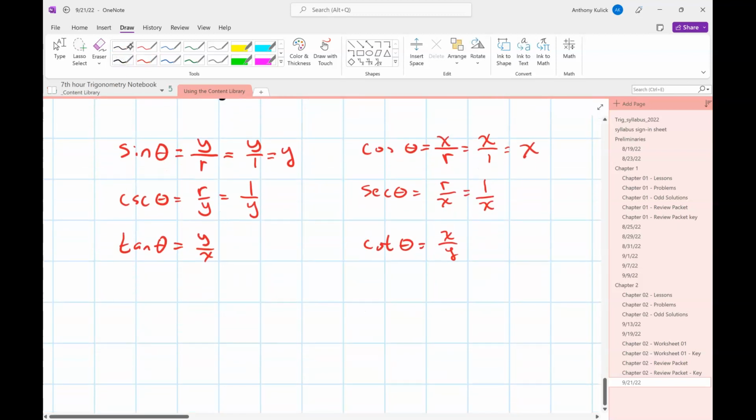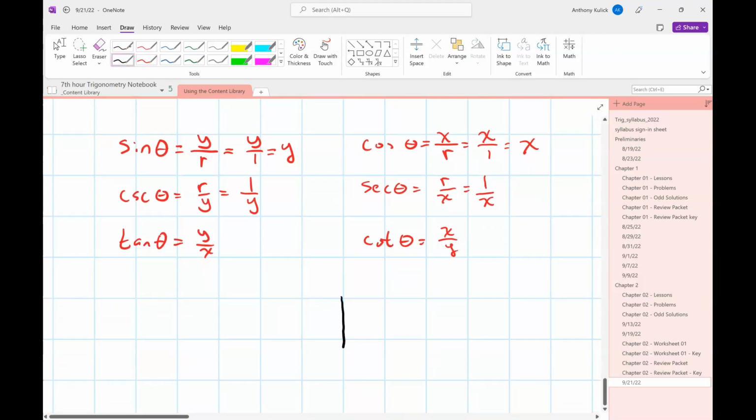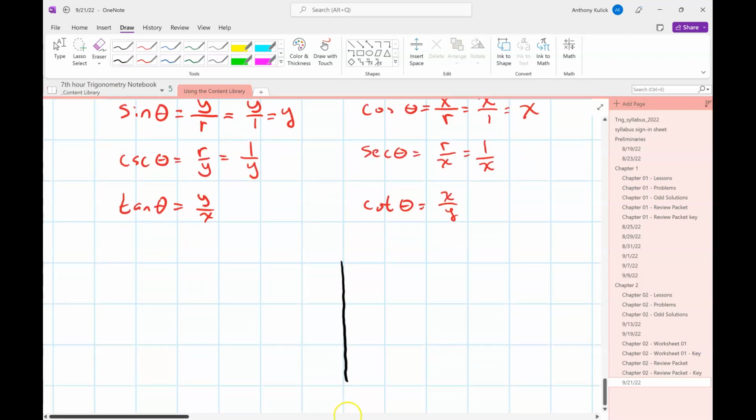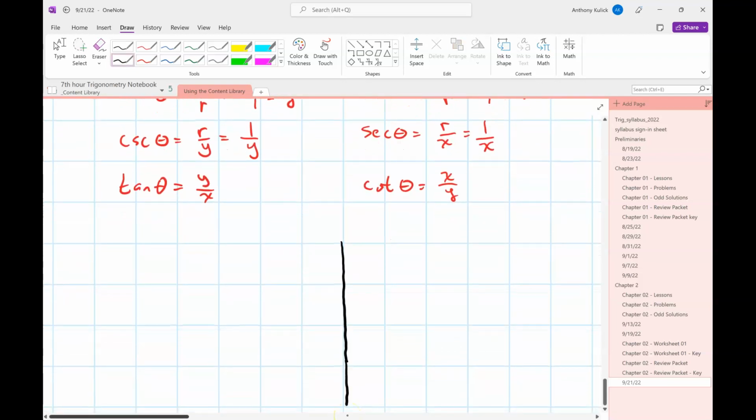Now let's think about this. If I consider all possible standard position angles, and I want to look at all possible P's from the terminal sides of those angles. One P could be here, where it's 1 unit from the origin. Everybody okay with that?